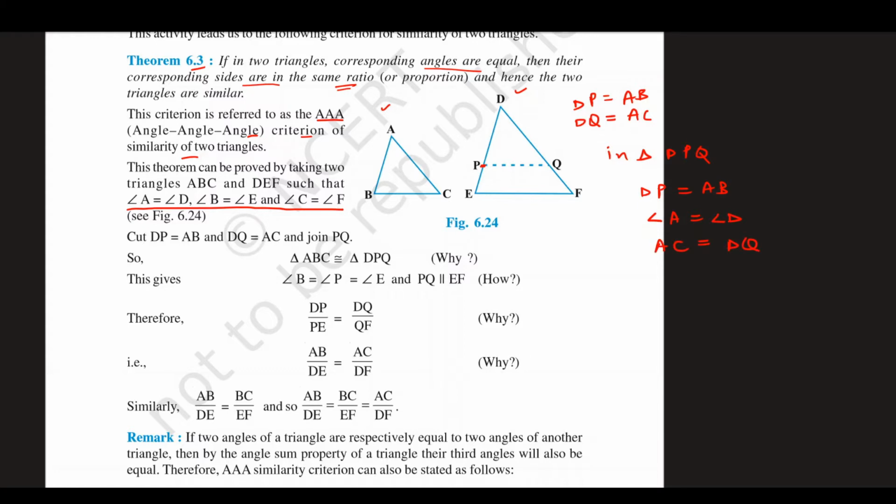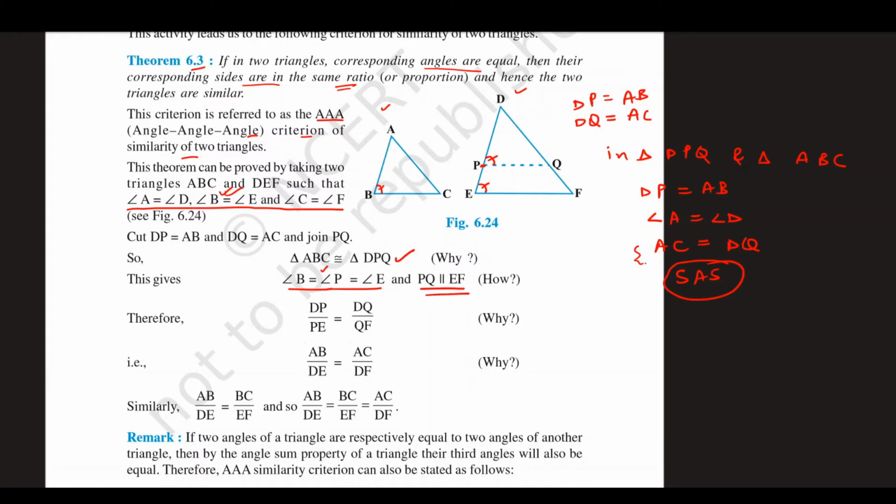Hence, triangle DPQ and triangle ABC are congruent by the SAS criterion, side angle side criterion, which implies angle B must be equal to angle P, which indeed is equal to angle E. Angle B is equal to angle E from here, and B is equal to P from this condition. So we got PQ parallel to EF.